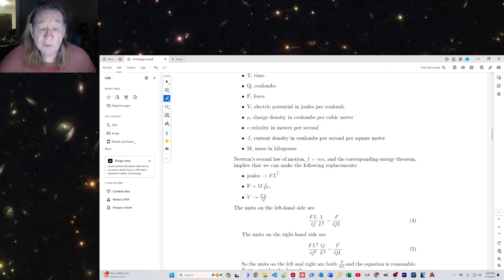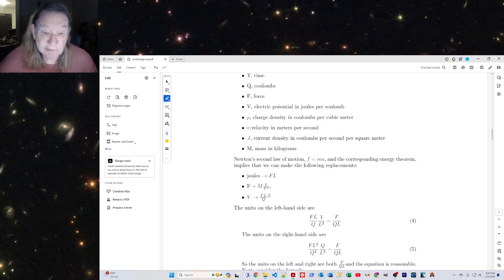Now, due to Newton's second law of motion, F equals ma, and if you integrate that, you get energy equals force times distance. So we can replace energy or joules with force times length. F equals ma tells us we can replace force with mass times length divided by time squared.